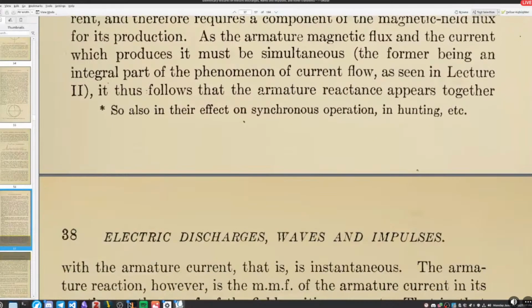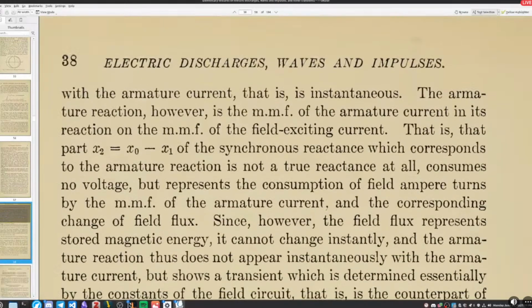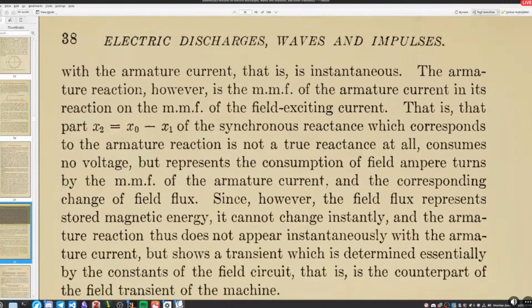So it thus follows that the armature reactance appears together with the armature current, that is, instantaneous. The armature reaction, however, is the MMF of the armature current in its reaction on the MMF of the magnetic exciting current.